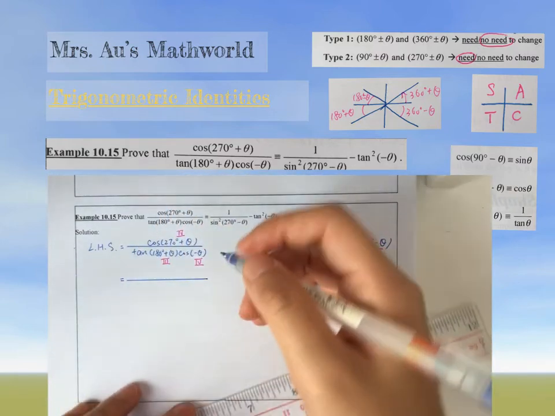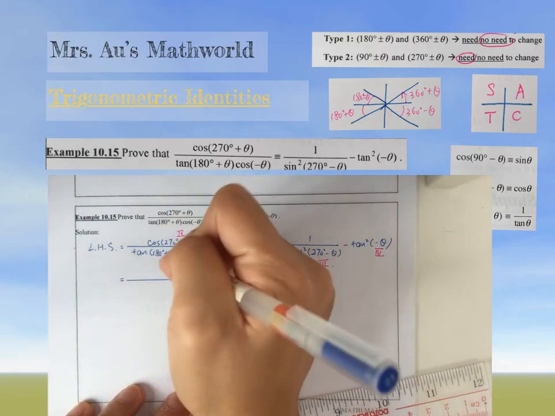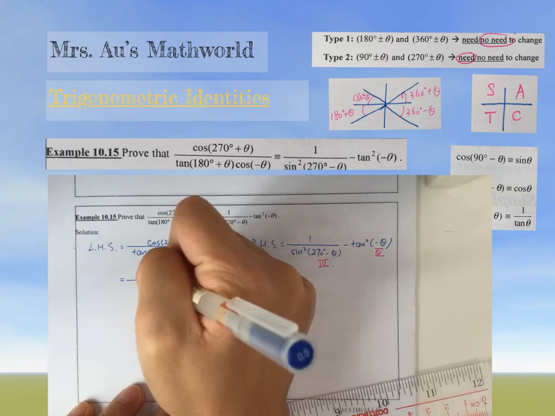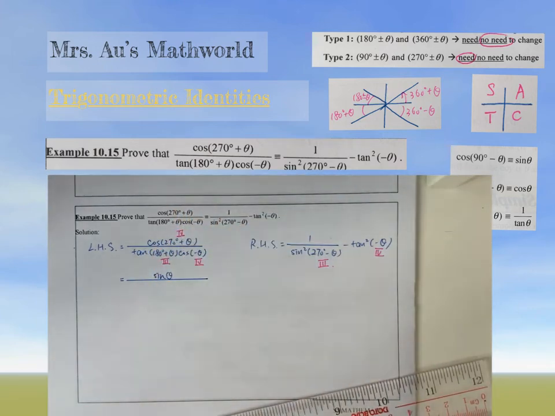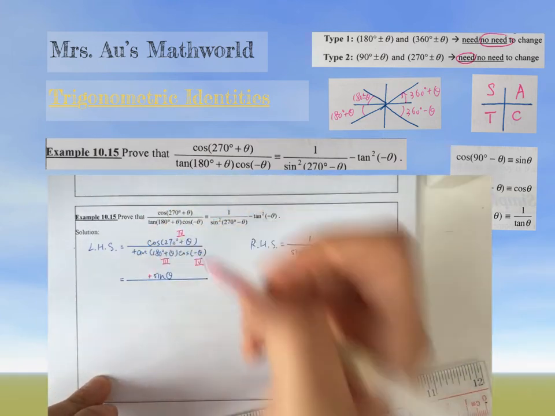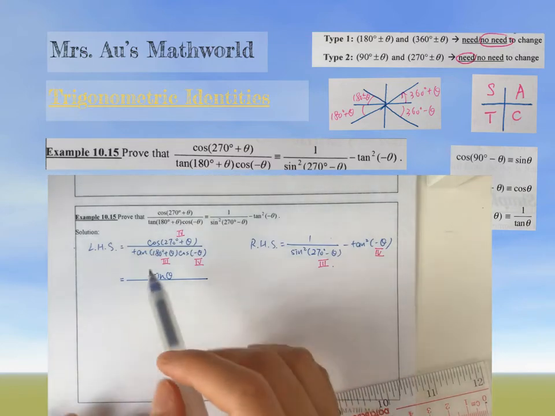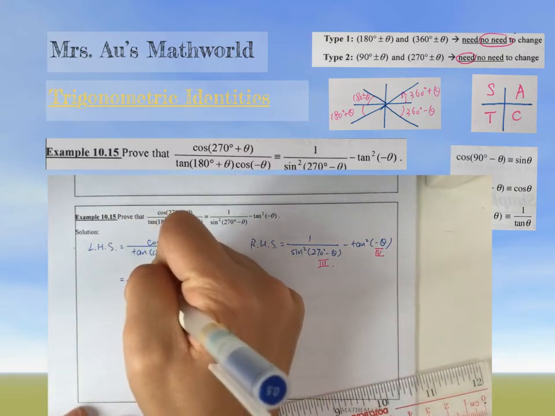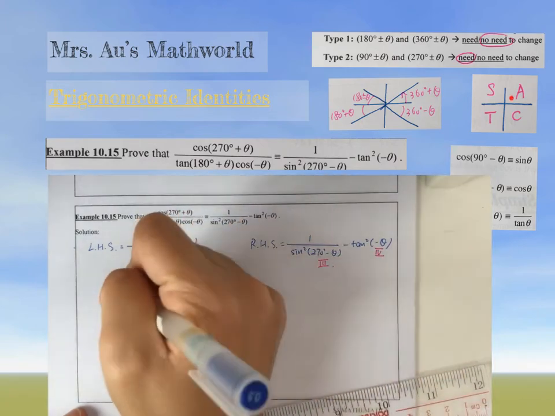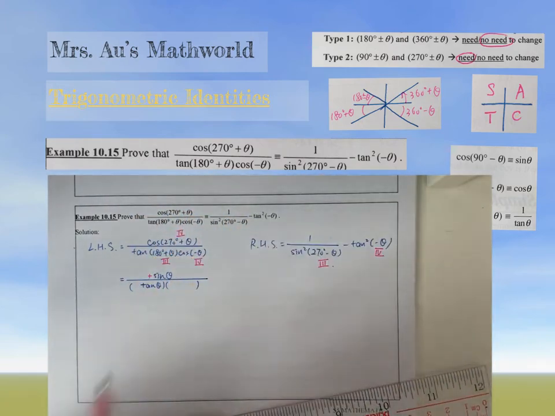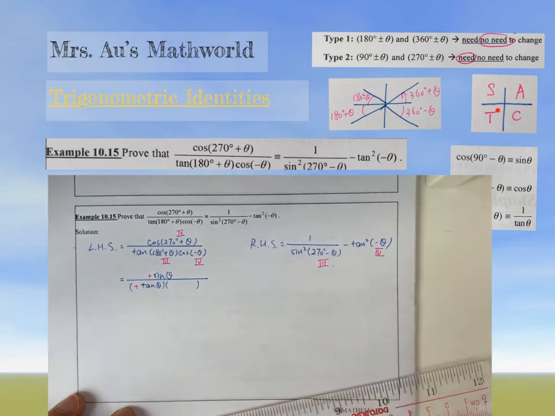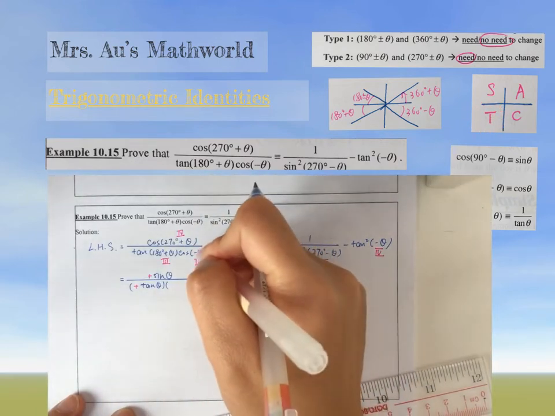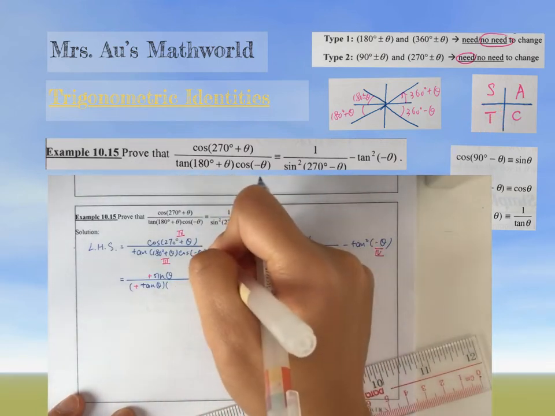Okay, so right now we work it out one by one. For the upper one, you can see it changes to sine, but of course quadrant 4 is positive for cosine. And then tangent, we get quadrant 3 to be positive also. So I write a positive sign, which is easier for reference, okay?